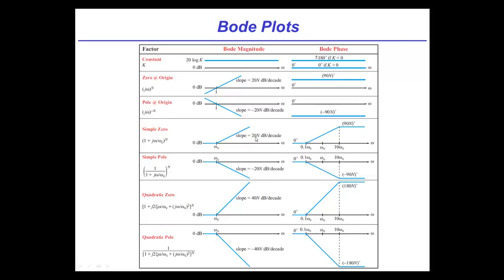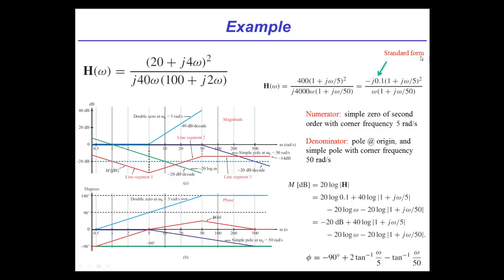So ours will be 40. Exactly, because we have a second order term. So the light blue line represents what, if we had just that simple zero in our transfer function, this is what the contribution would look like. So flat till that corner frequency, which is 5, and then it would go up at 40 dB per decade. Okay?